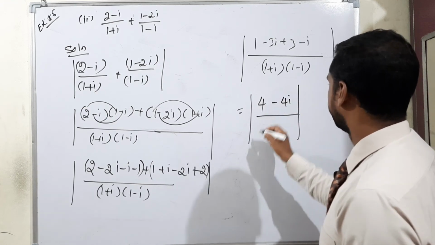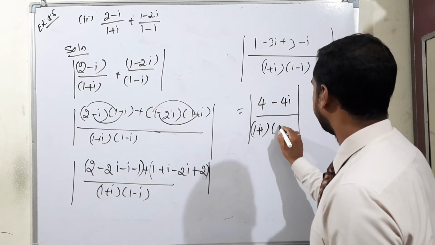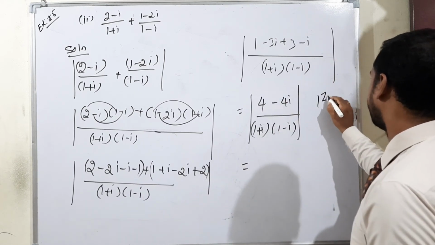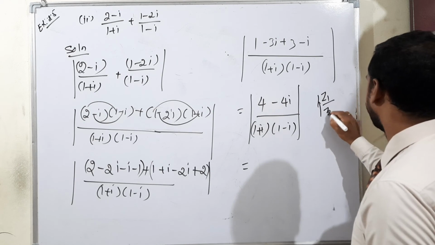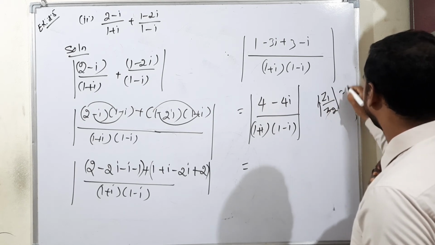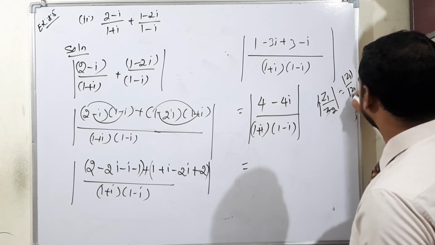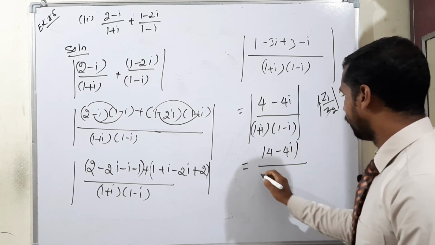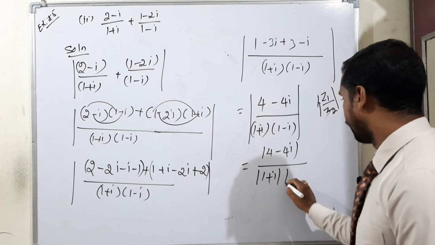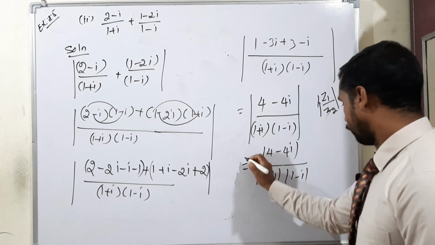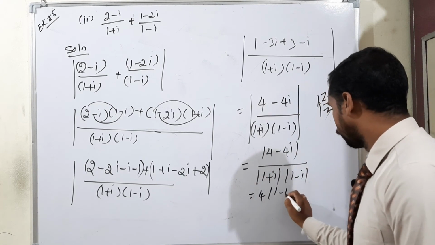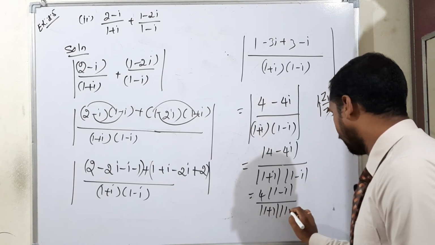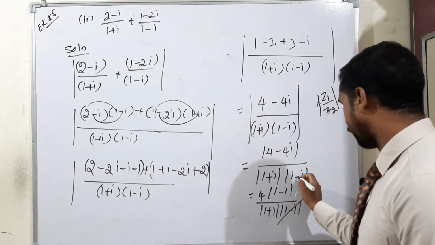Again denominator as it is, (1 plus i) and (1 minus i). Again one property is there: modulus of Z1 by Z2 means modulus of Z1 divided by modulus of Z2. If you make it the form (4 minus 4i) divided by (1 plus i) into (1 minus i), again 4 take common outside, means modulus of (1 minus i) divided by modulus of (1 plus i) into modulus of (1 minus i).